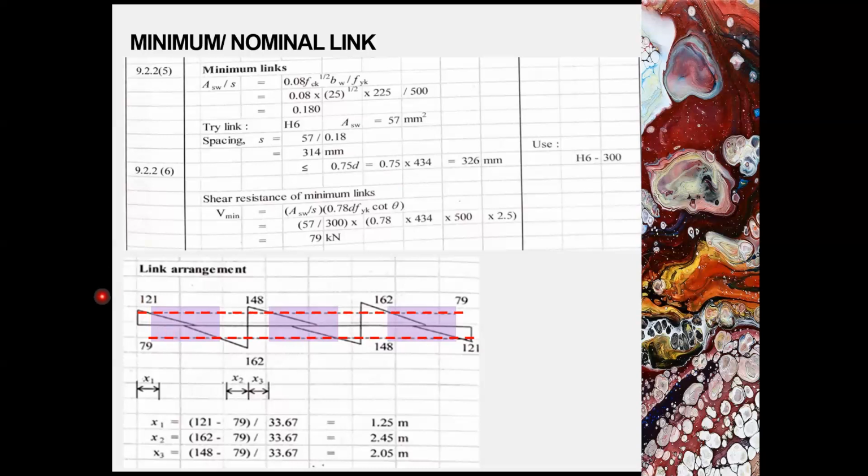And the remaining distance or locations, which is shaded in colors, we provide the minimum links. The x1, x2, and x3 can be determined using the interpolation for the geometry, the triangle geometry.